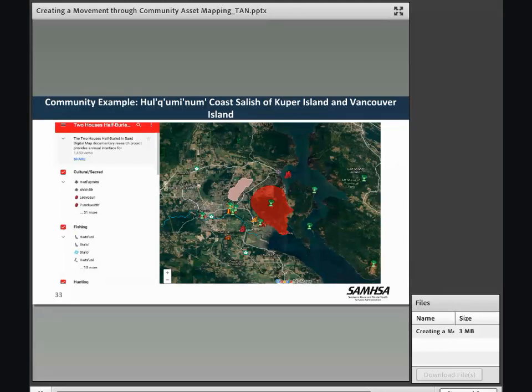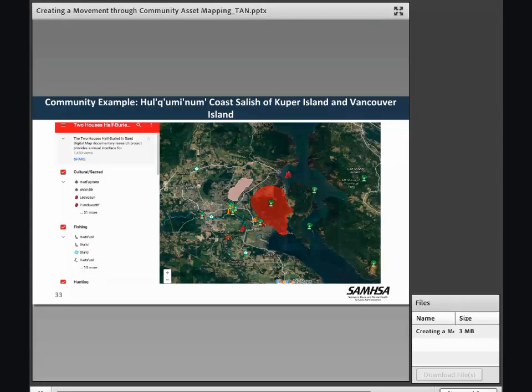Like in the interview example where the woman was talking about their traditional medicines and how they're used. If there's an area where people are gathering different medicines, you could put an icon there and link it to a video talking about those medicines.